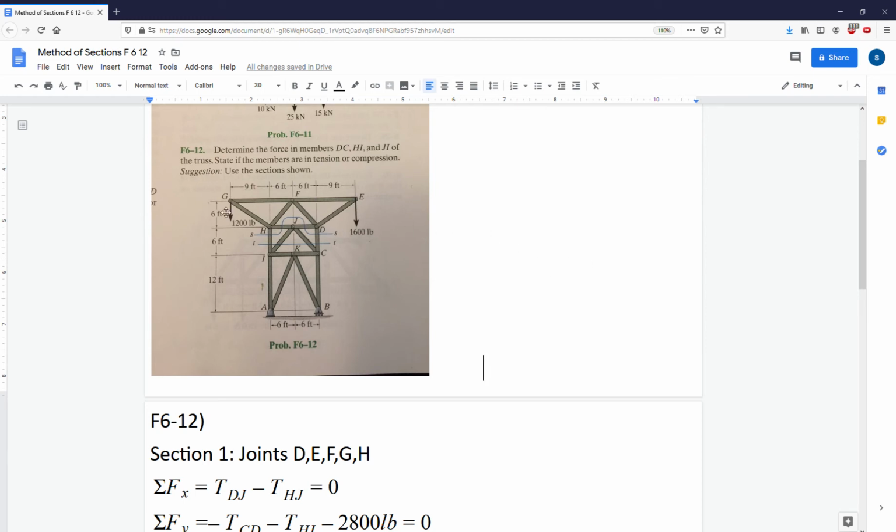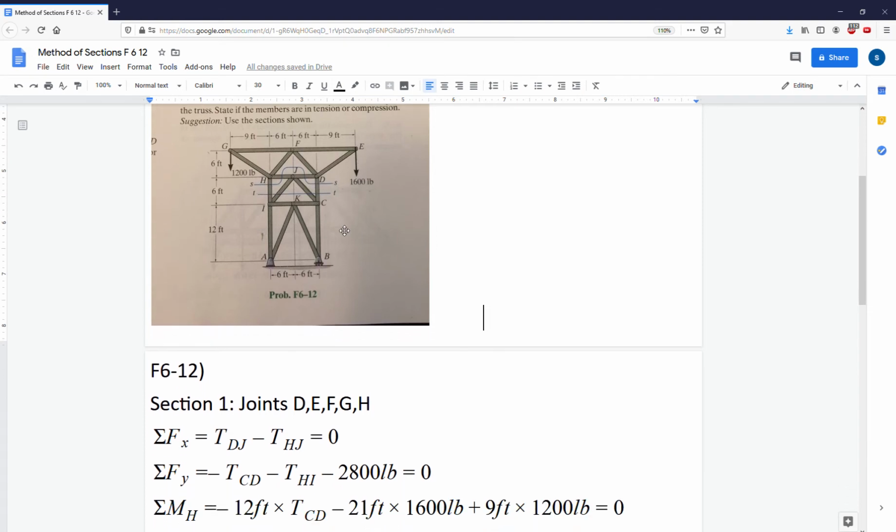In the Y direction, we have these two load forces and these two tensions. So that becomes negative TCD minus THI minus 1,200 and 1,600, or minus 2,800 pounds equals 0.